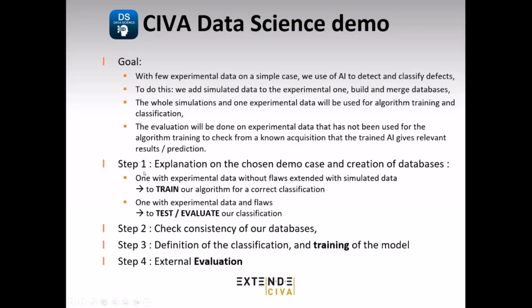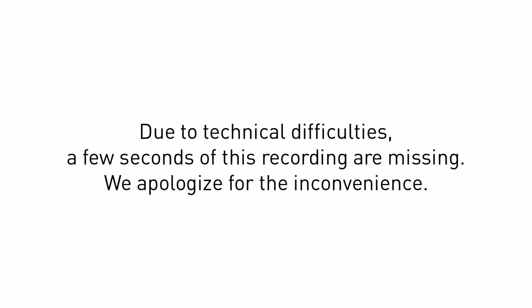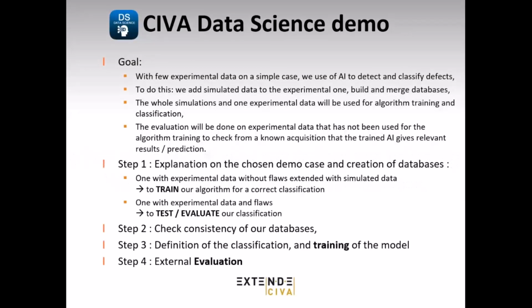So we'll start with the explanation of the chosen demo, so the experimental data and simulation that I will show you quickly. How to merge the data, consistency of our database, make the definition of the classification, and then the external evaluation. So this is more or less the logic of the demo.